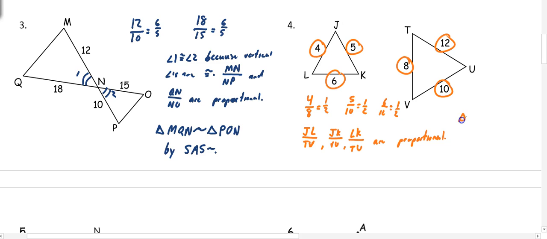So then we could say that triangle JLK is similar to triangle... Now here's where we gotta be careful. So JL is the side with the 4, and then it's going to our largest side. So we want VTU because VT goes to the largest side of the other triangle by side, side, side similarity.